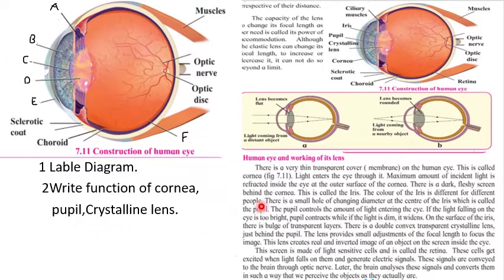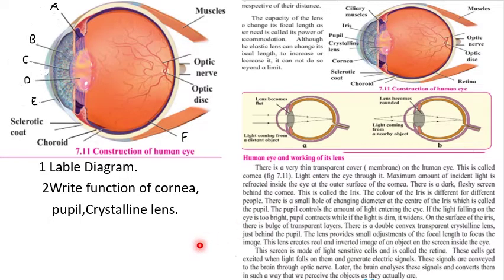Now, crystalline lens. Just behind the pupil, there is a double convex transparent crystalline lens. The lens provides the fine adjustment of the focal length so that the image is formed on the retina. The lens creates a real inverted image of the object on the screen inside the eye, that is on the retina.